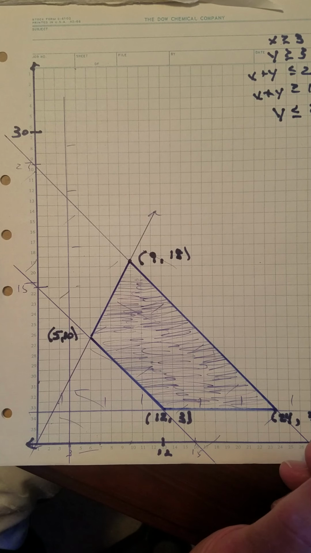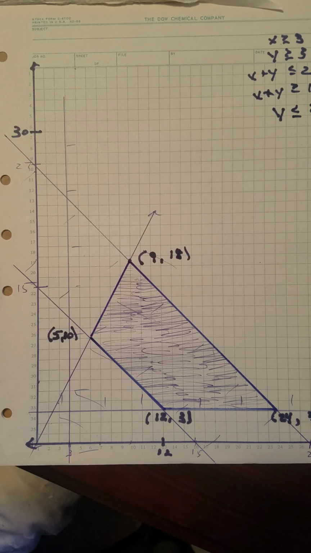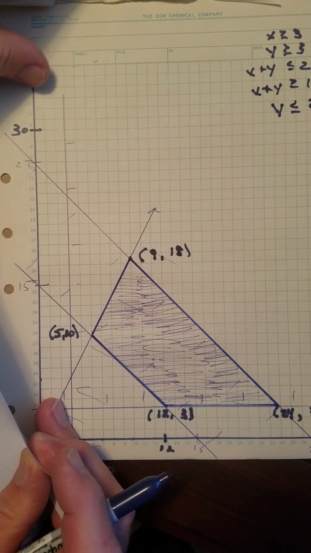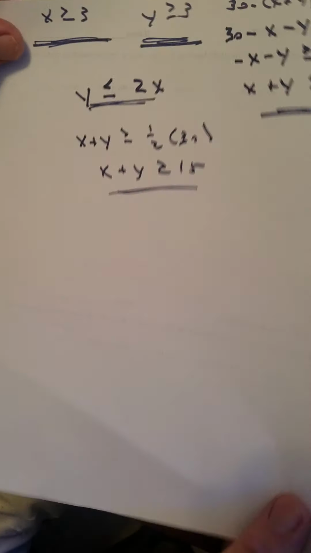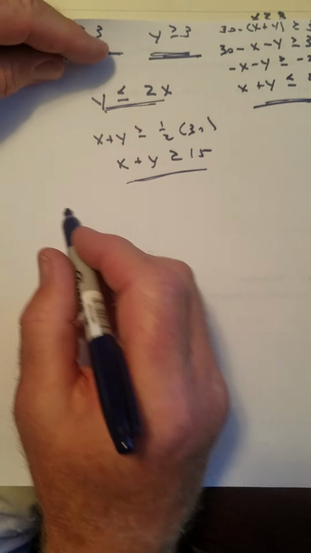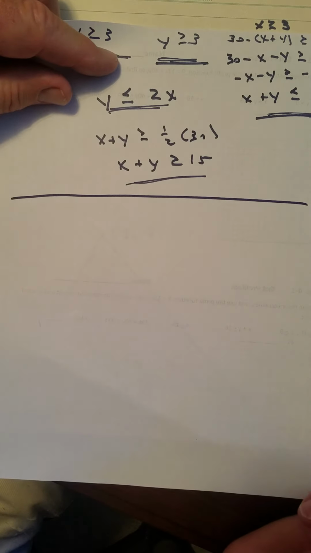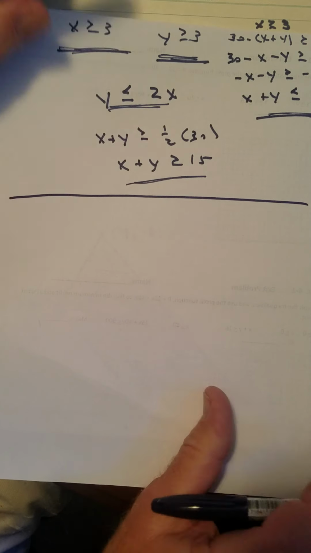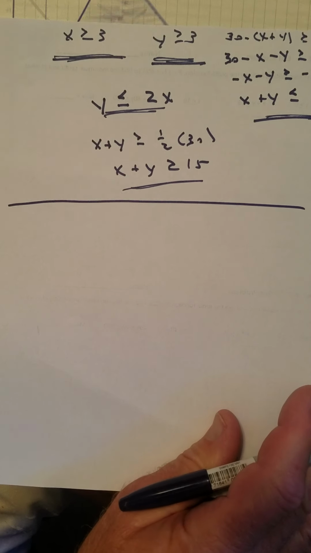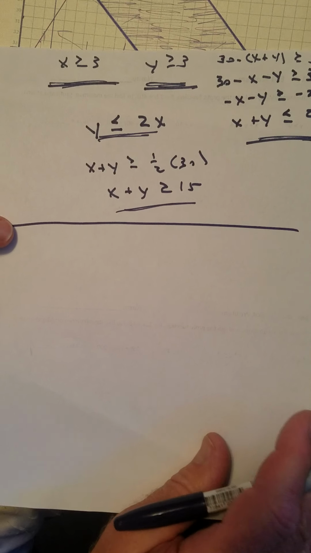Okay, so let's go back to this. I got too many papers. So I'm going to go back to this page here, mostly because I just got room to write. And I'm going to put the vertices down. So all I'm going to do is just copy those down. You may not be able to see all of this.